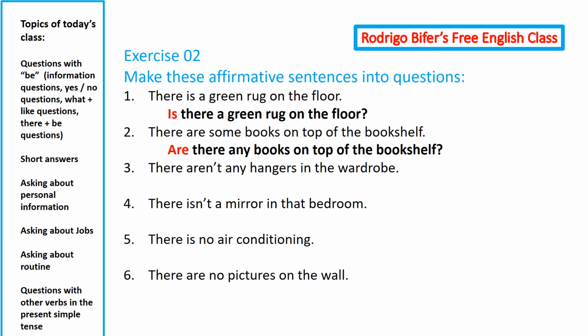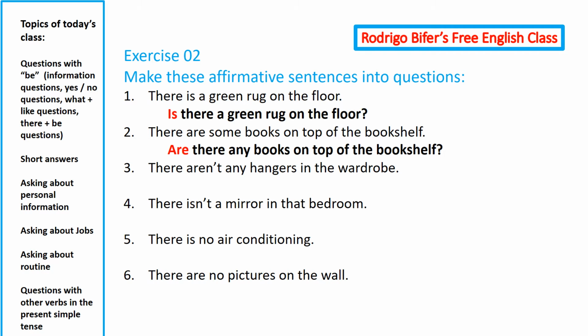So are there any books on top of the bookshelf? Please notice that the word some turned into the word any. Okay, because for affirmatives we use some, but for questions and negatives we use any.